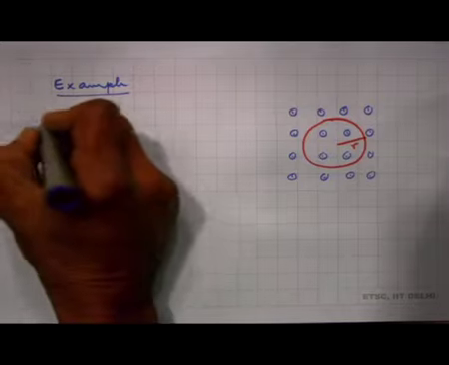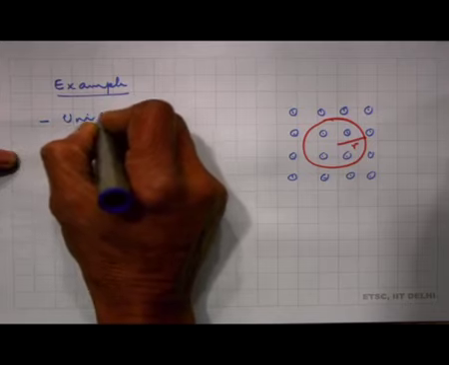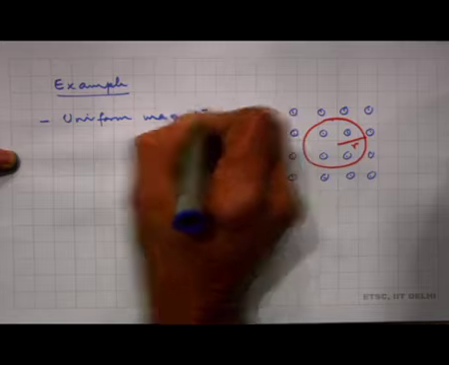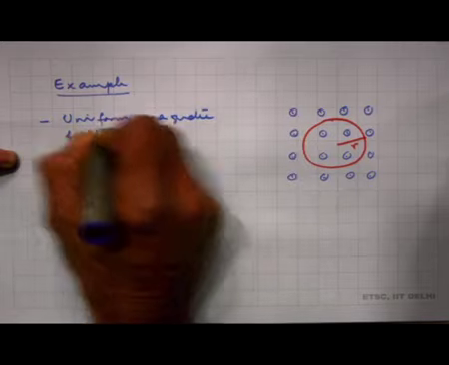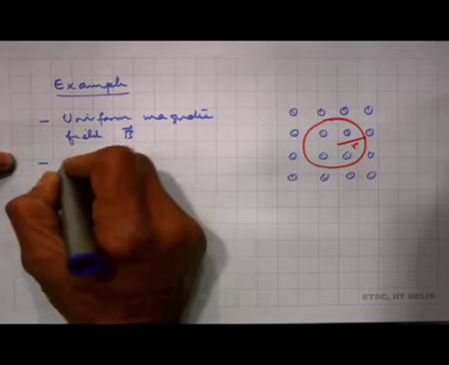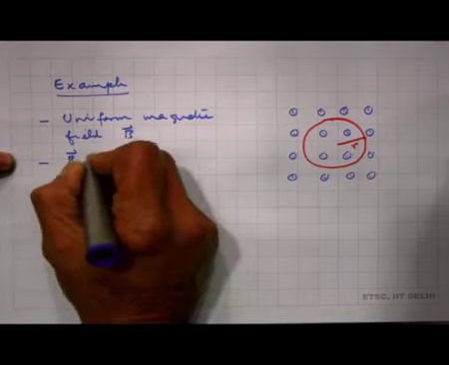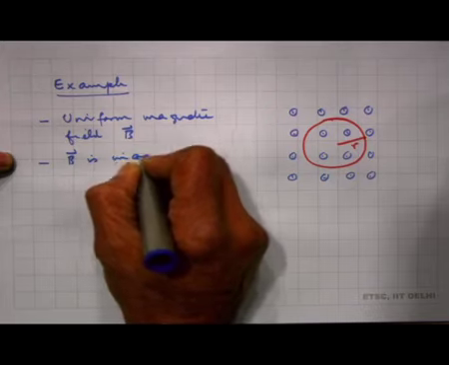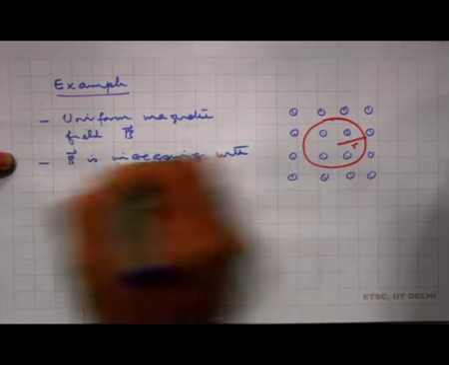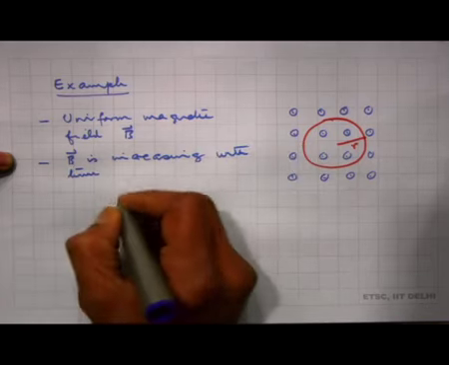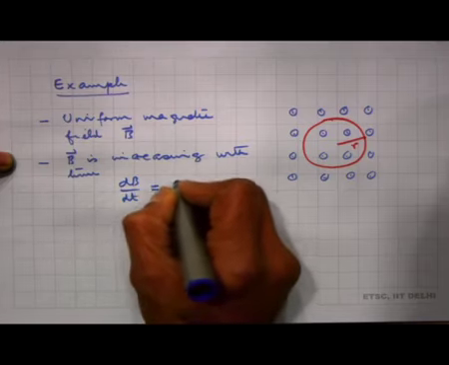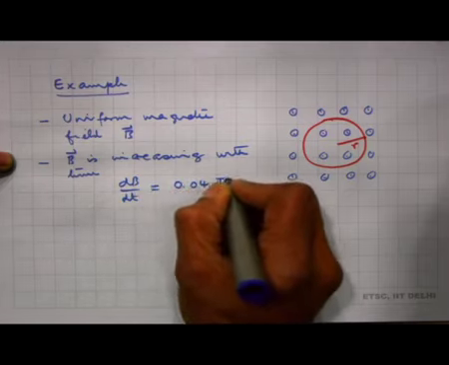I have a uniform magnetic field B, and let me assume that the magnetic field is increasing with time, at a rate of about 0.04 Tesla per second.